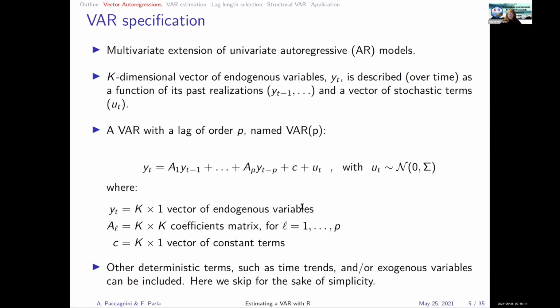So let's talk about the mathematics behind this model. This is a multivariate model, a multivariate extension of the simple univariate autoregressive model. We can start by looking at this formula where we have y, the vector of endogenous variables.